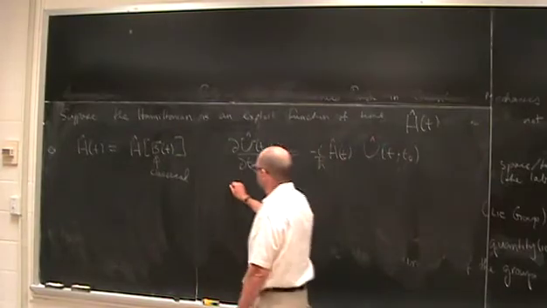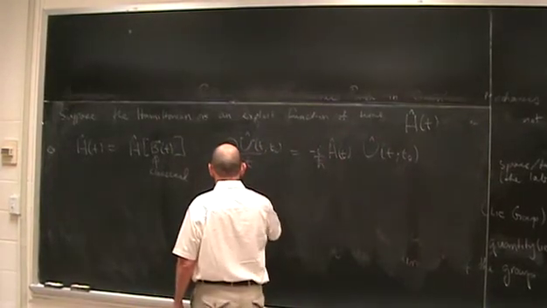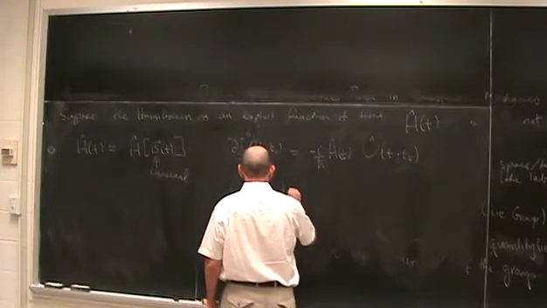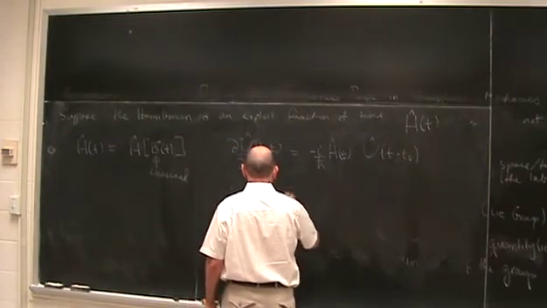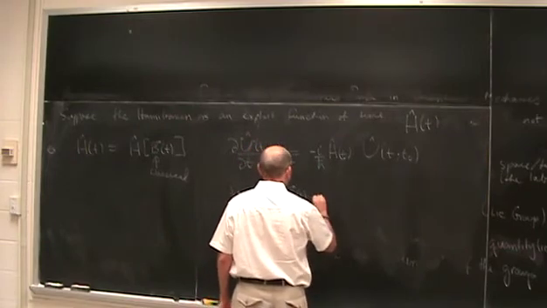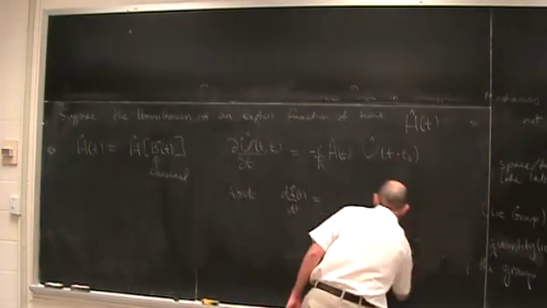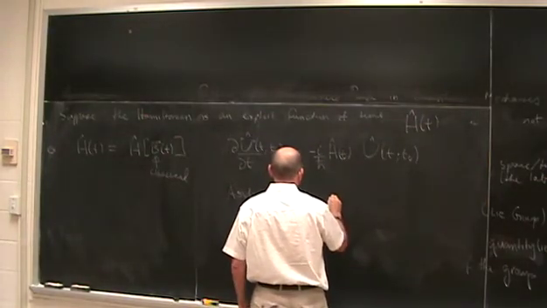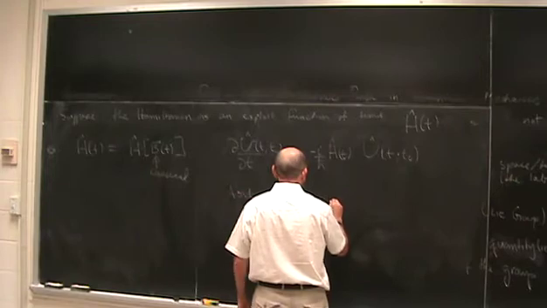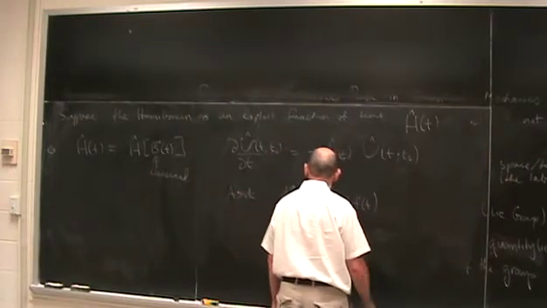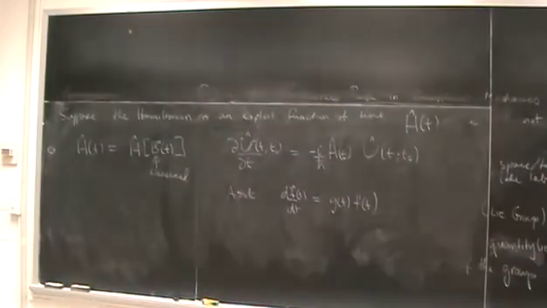Let's do a little aside. Suppose I have the following thing. Suppose I have a classical function f of t, where df dt is equal to some g of t times f of t. What's the solution to that differential equation?